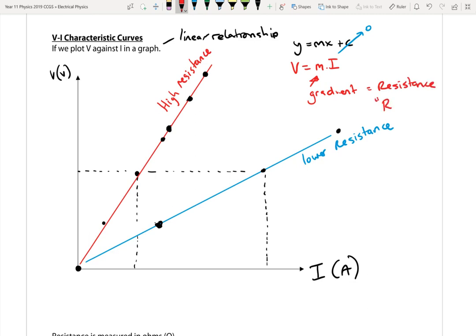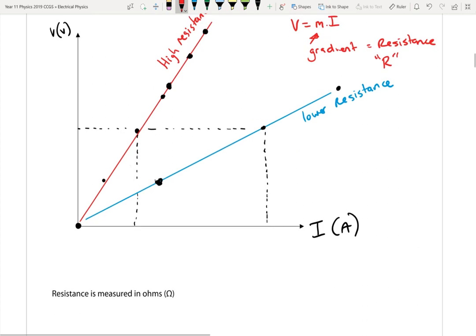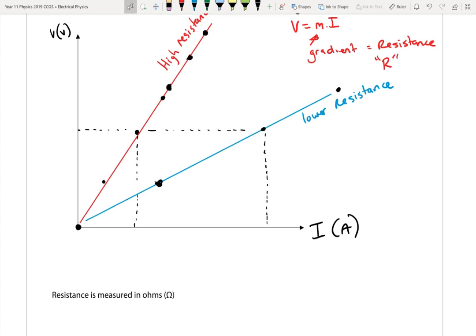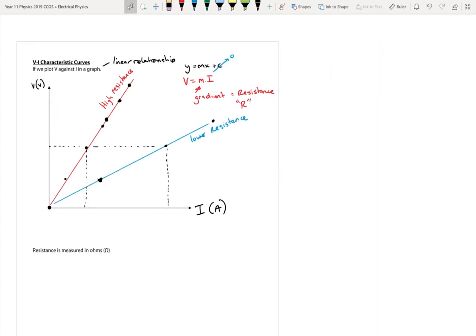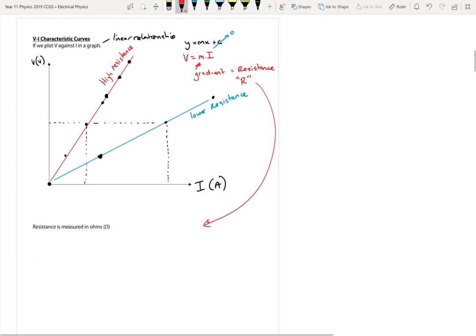And we're going to call it R. R for resistance. So the equation now becomes, down here, we're going to call it Ohm's law. V equals IR.